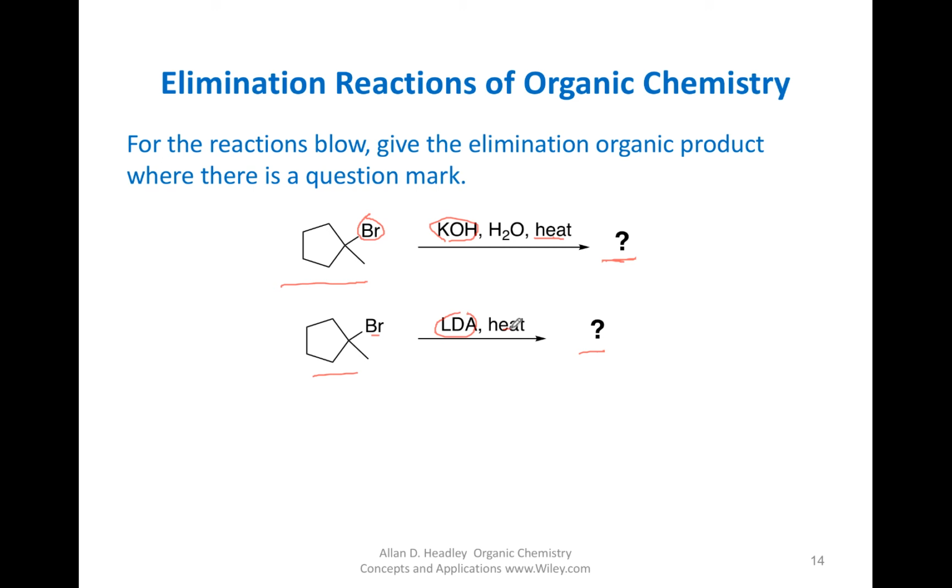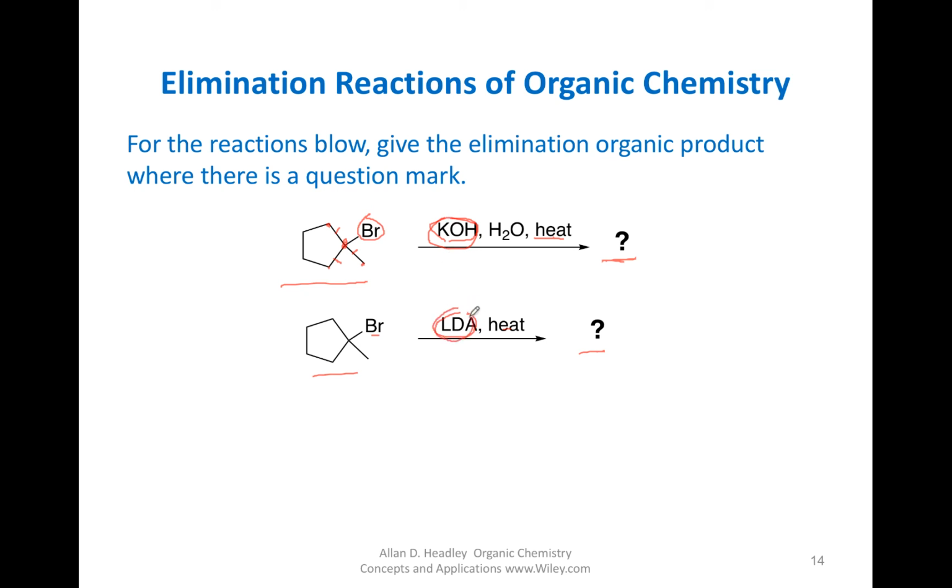So what you'll have to do is look at this carbon that has the leaving group. Notice we have three possible carbons bonded to that carbon that have hydrogens. So it's possible to form a double bond here, here, or here. Since the base is small, more than likely it will form the more stable alkene, pulling the hydrogen from the more crowded carbon adjacent to the leaving group.